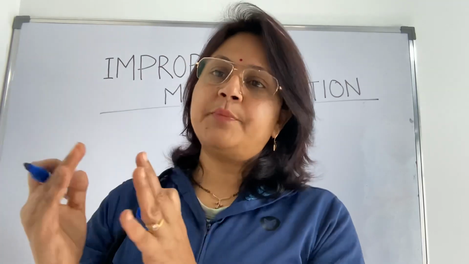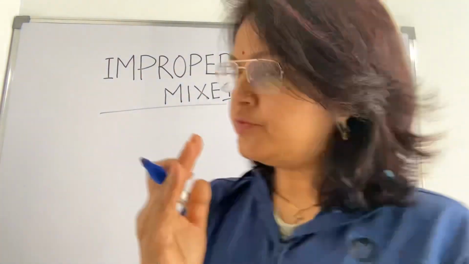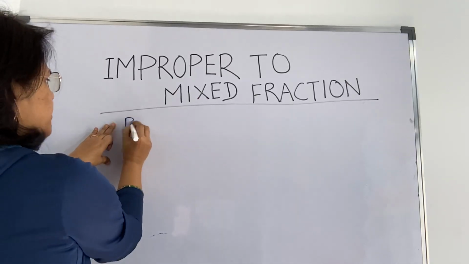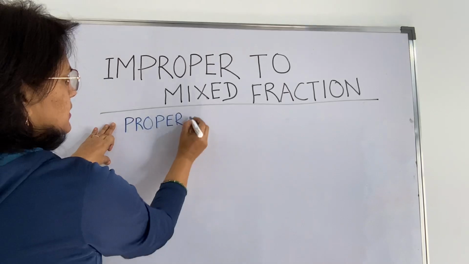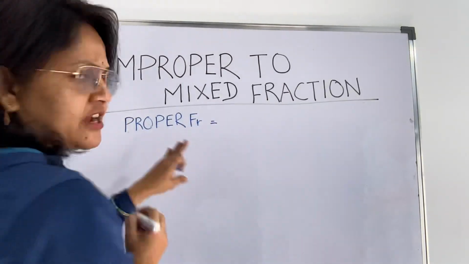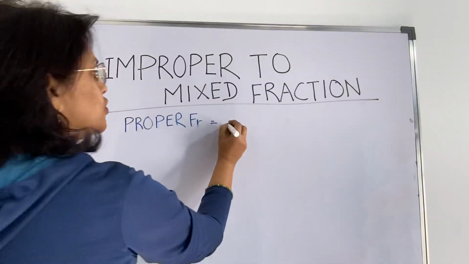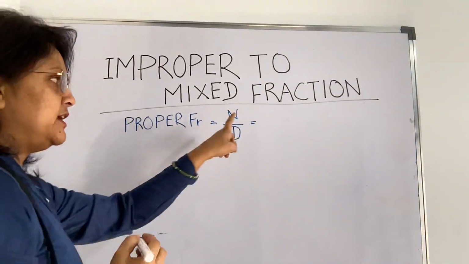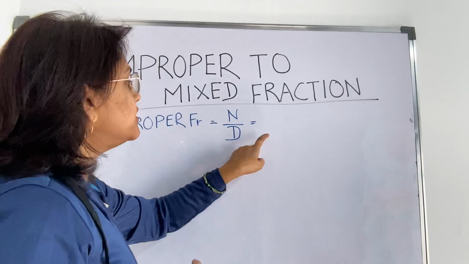So let's take a deep dive into the details of what proper fractions, improper fractions and mixed fractions are. First, in simple meaning, a proper fraction is a fraction in which, of the two parts of a fraction, the numerator and denominator, the numerator is smaller and the denominator is bigger.